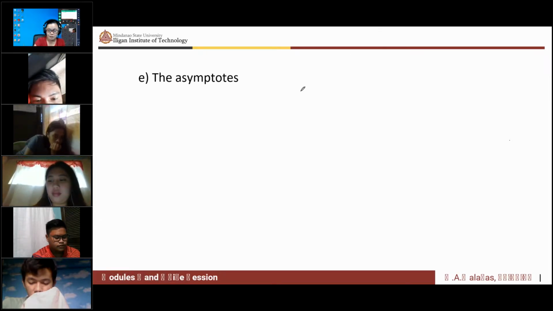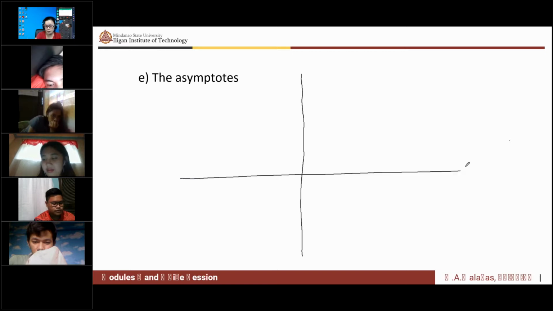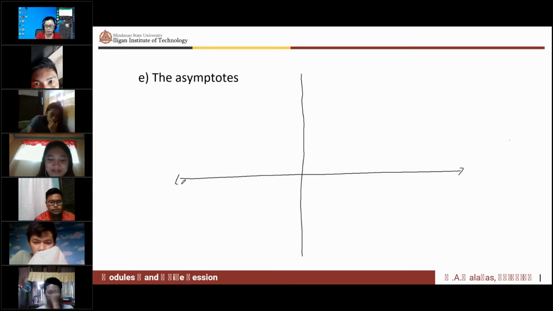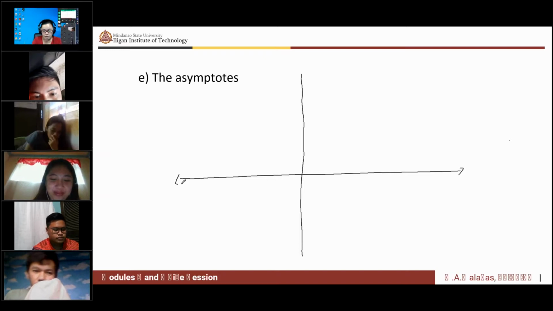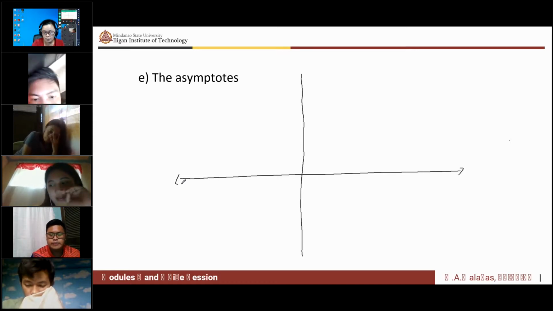Okay, so let's see. We have the y-axis here and the x-axis here. Let us recall that our domain is R, so it's possible that our graph extends from the left to the right. And our range is R minus 2.